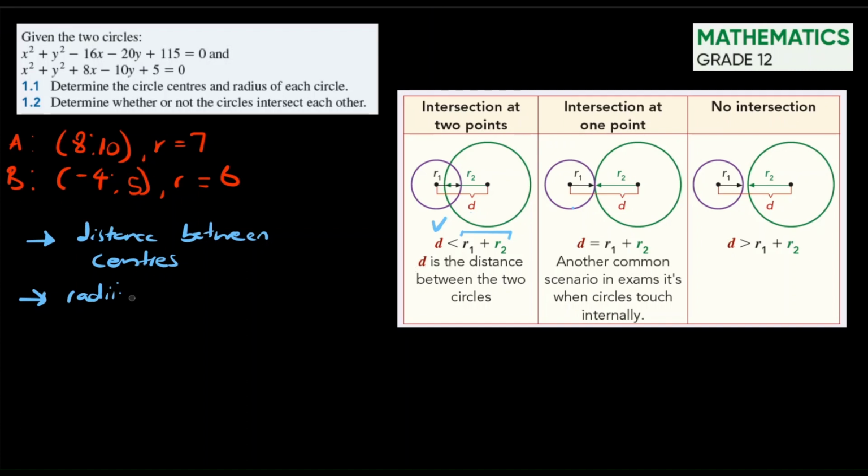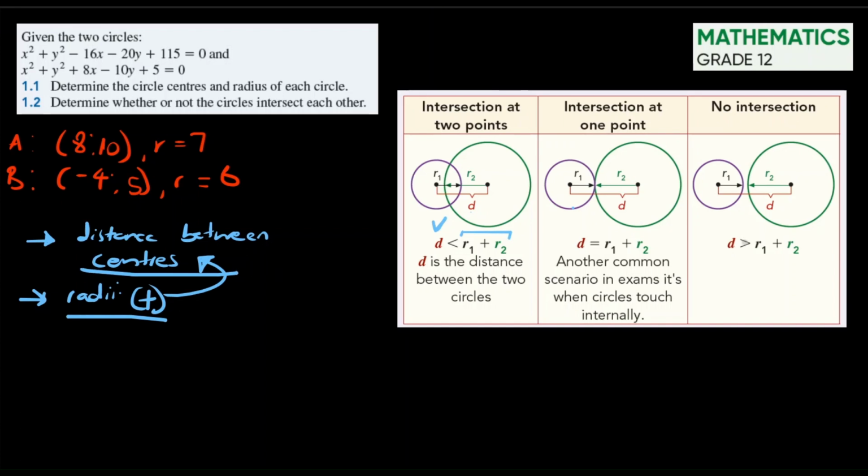If you sum the two radii and find this value is bigger than the distance between them, the circles intersect at 2 points. If the circles intersect at 1 point, the sum of the two radii equals the distance between the circle centers.